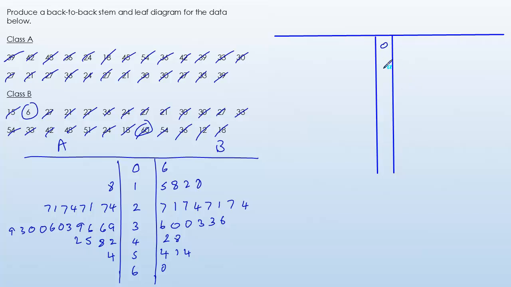And so we've got 0, 1, 2, 3, 4, 5, and 6. And notice how I've spread those out a little bit more as well. And then with the leaves, I'm going to make sure that everything's nice and evenly spaced.